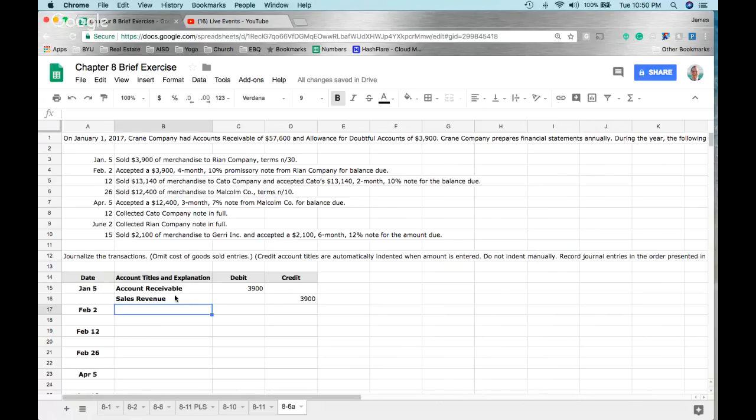So February 2nd, accepted a $3,900 4-month 10% promissory note from Ryan Company for balance due. So it'd be, since we're basically giving them a loan, notes receivable, $3,900.